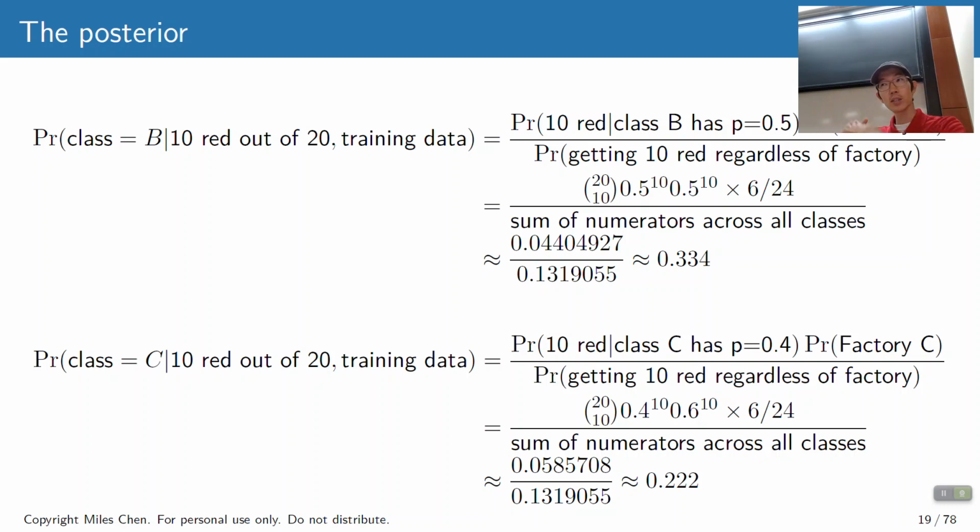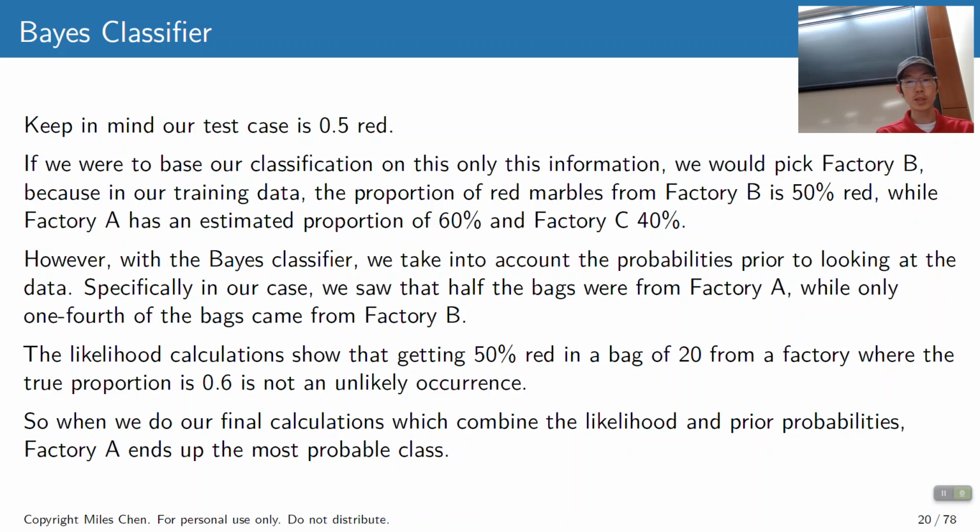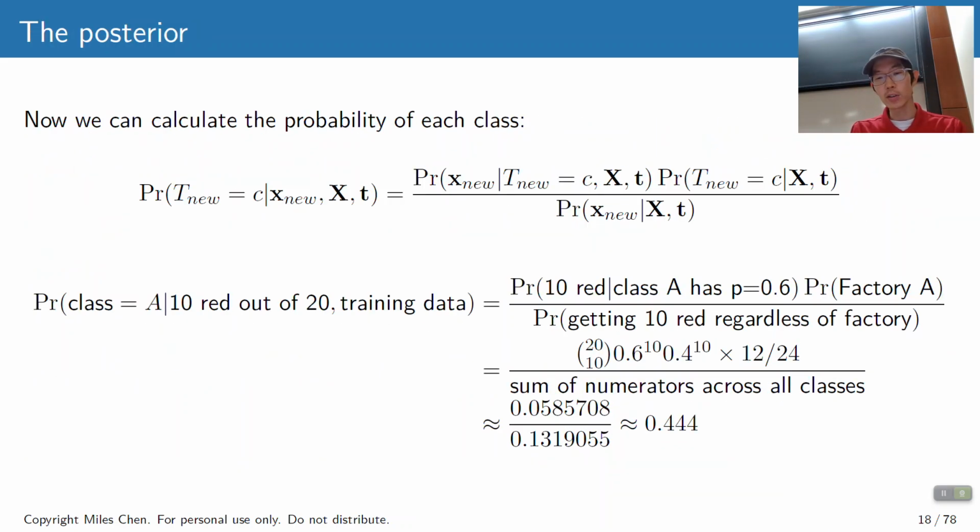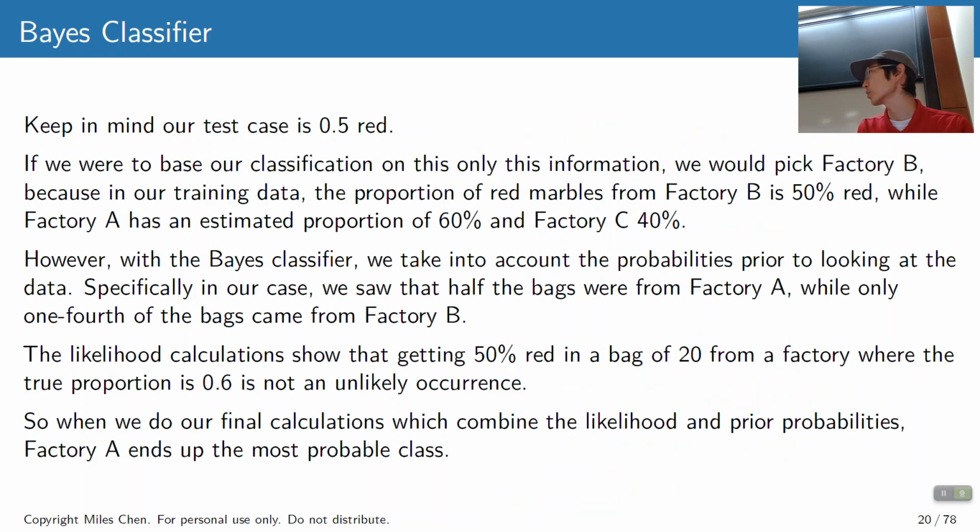After we looked at the data, it drops down to 22%. So after all of these adjustments, we say factory A is the most probable class at 44%. That's what we have here.